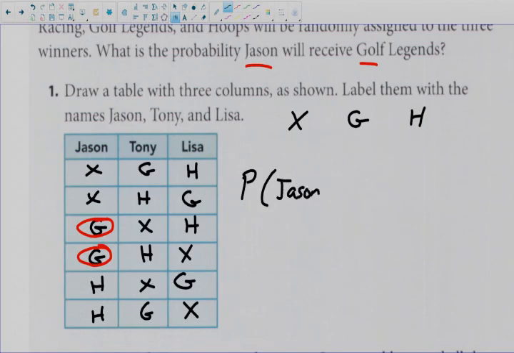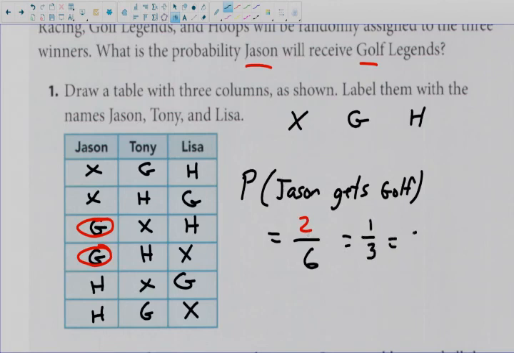So there are 2 successes over a total of how many? 1, 2, 3, 4, 5, 6. So our total of 6. Both of these are divisible by 2, which gives 1/3. We've already seen 1/3 is 0.33, which is a 33% chance that Jason will get Golf Legends.